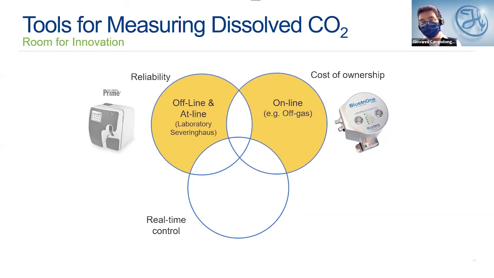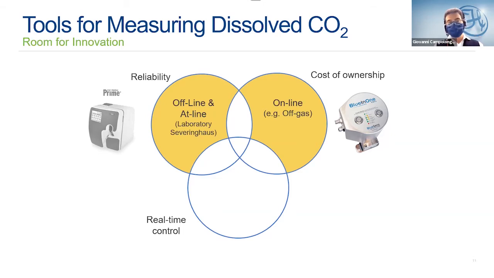Therefore, if you use the off-gas, you will tremendously underestimate the amount of dissolved CO2 that you really have in your bioreactor, stressing your cells and creating all the detrimental effects that Kelsey was explaining in the previous slide.